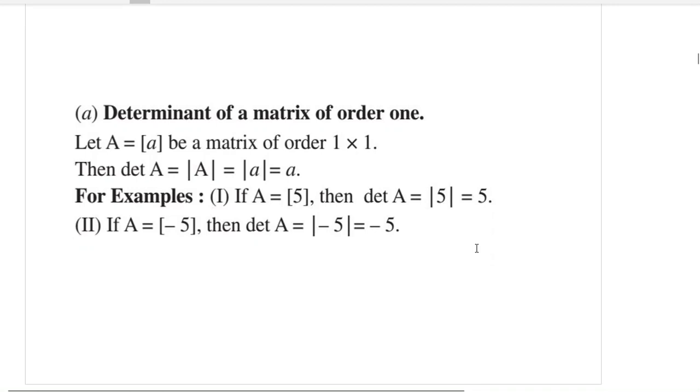Determinant of a matrix of order 1. Matrix of order 1 means it is of the order 1 by 1, that is, it has just one element. So if the matrix looks like this, then its determinant is nothing but the same number, right? So a square matrix of order 1 by 1 has its determinant equal to the same number.